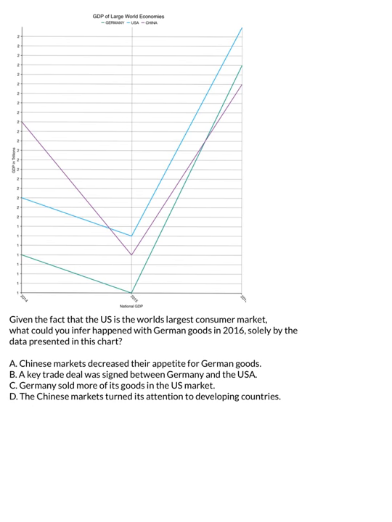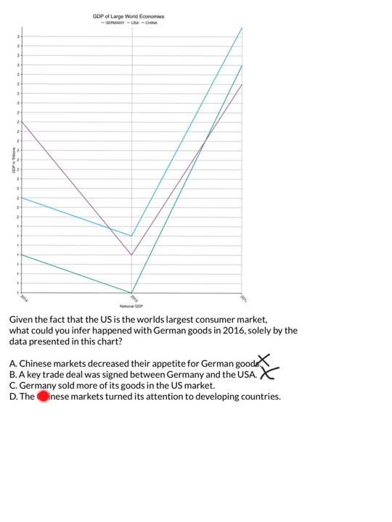So we know from the get-go that that's going to be a non-starter. Okay. Now we go to B. A key trade deal was signed between Germany and the U.S. Well, Germany did get closer to the U.S., and so you might think there's a key trade deal, and that might make sense. But again, solely on the data presented in this chart, there is nothing here about trade deals. So again, we'd have to X that one out.